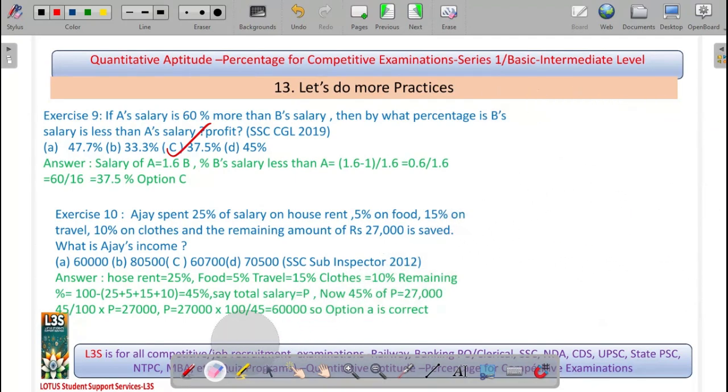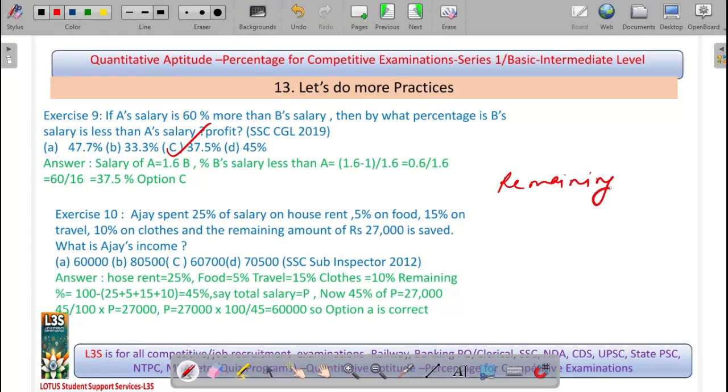The next question. Ajay spent 25% of salary on house rent, 5% on food, 15% on travel, 10% on clothes, and the remaining amount of 27,000 is saved. What is Ajay's income? What is the remaining percentage? First we will find that out.